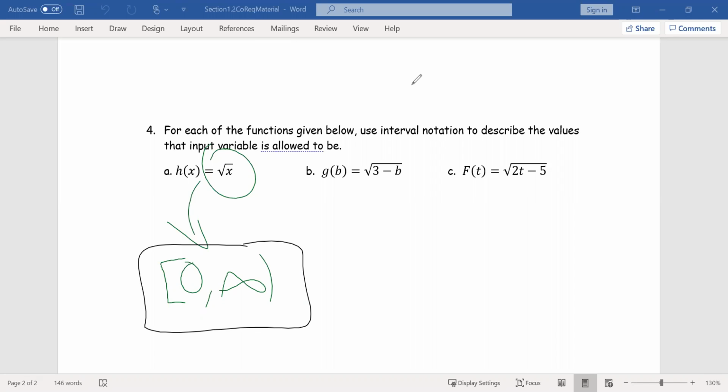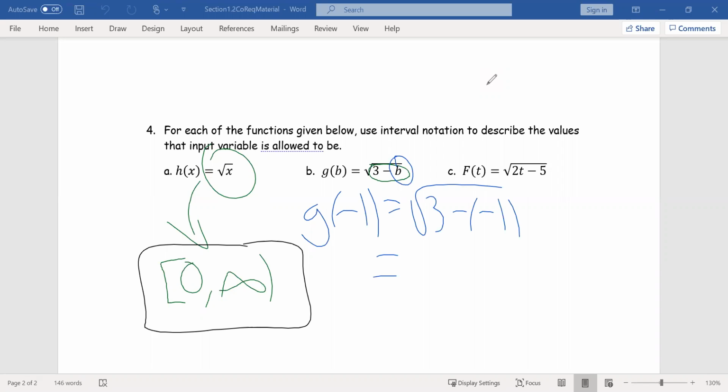For the second one, g of b equals the square root of 3 minus b. Well, again, underneath the root, we can't have anything below 0. We can have 0, but we can't have negative numbers. Now be careful. In this case, it doesn't mean that the variable can't be negative. Notice if I do g of negative 1, that would give me the square root of 3 minus negative 1, which the minus there will make a plus.